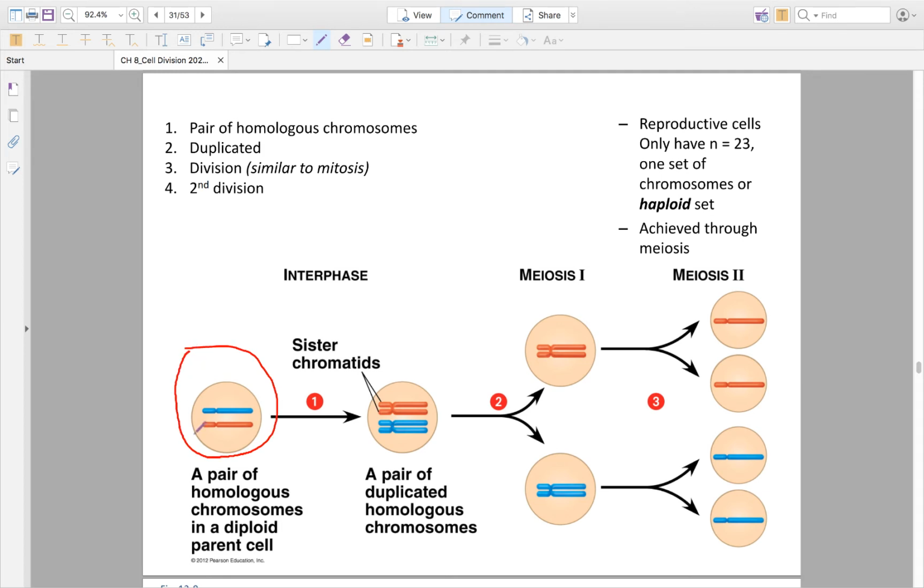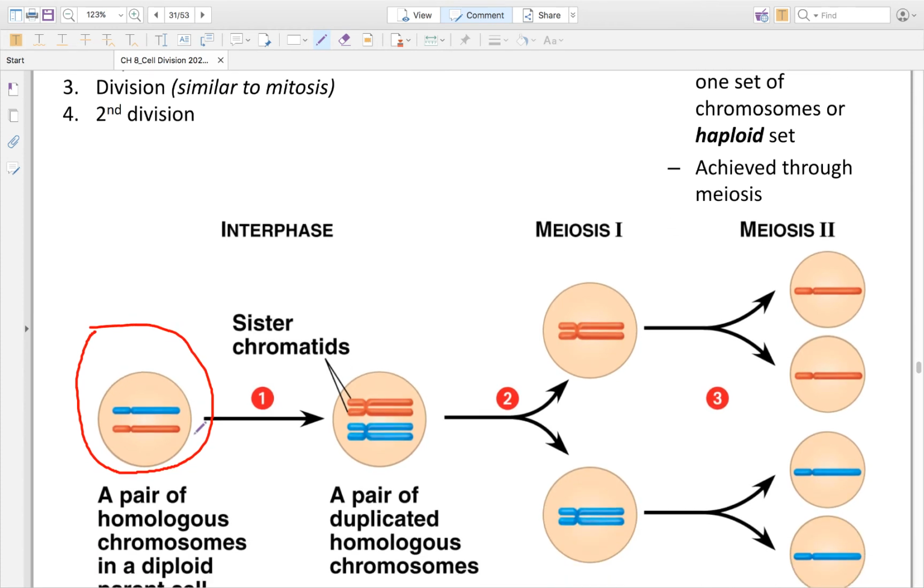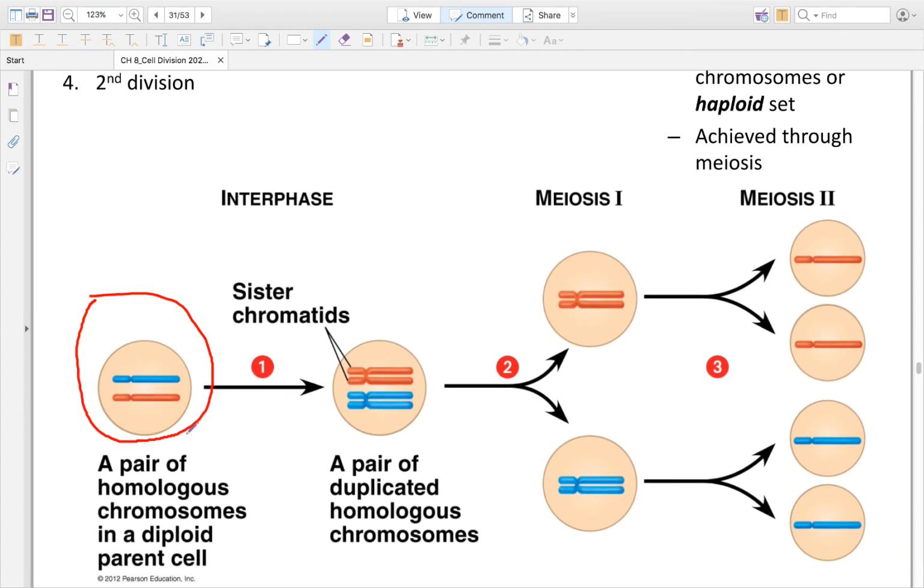See how 1 is red? I'm going to zoom in, and 1 is blue. This is indicating that the blue one is the paternal one, so it's from the father. That's why they make it blue. The red one is from the mother.